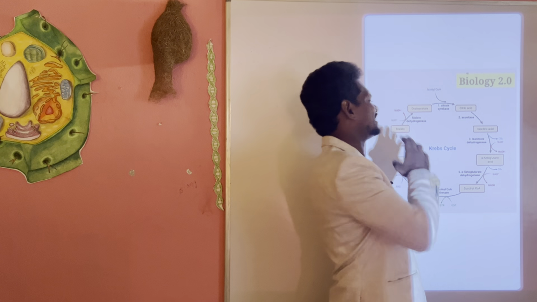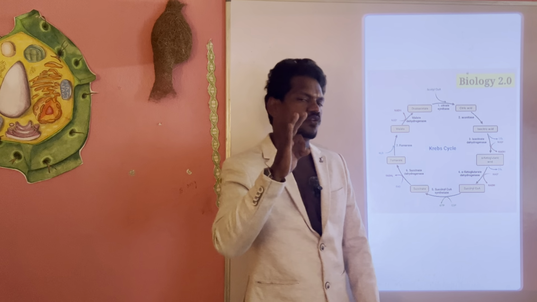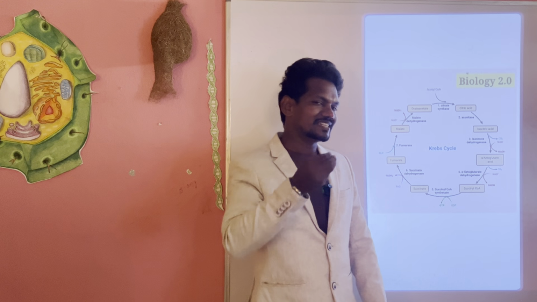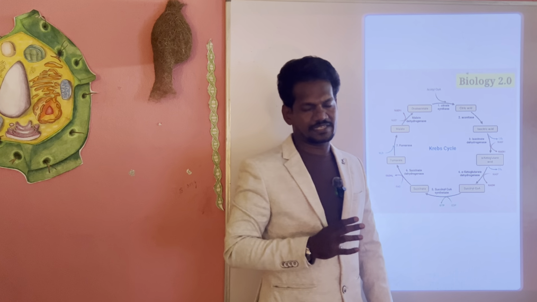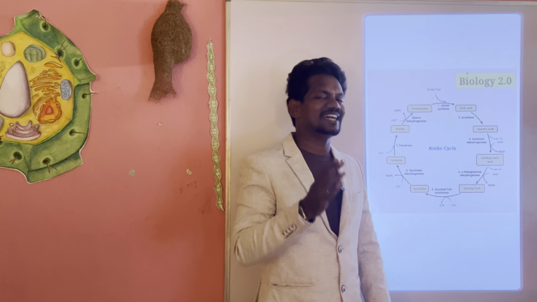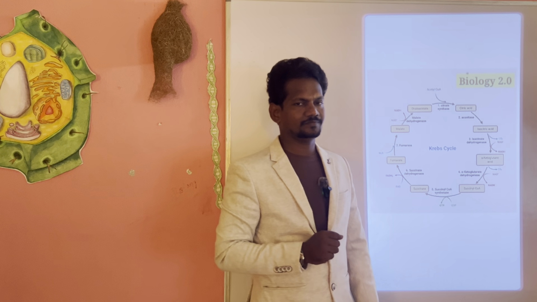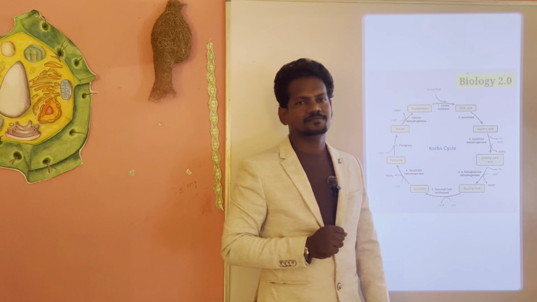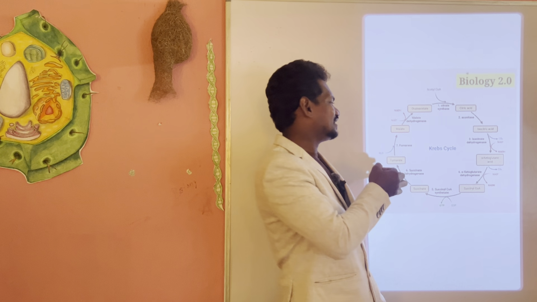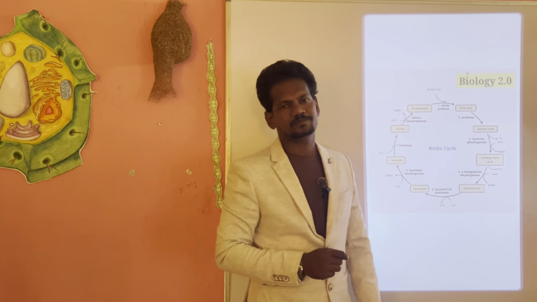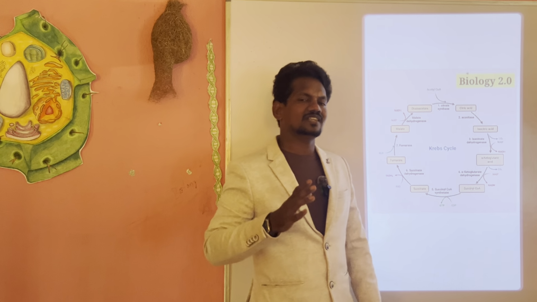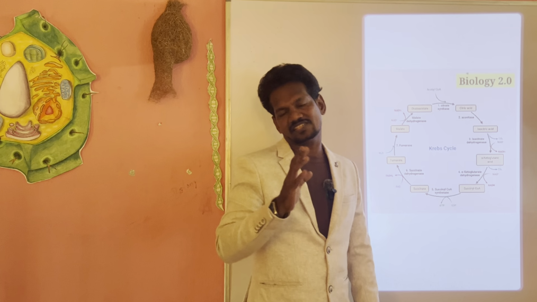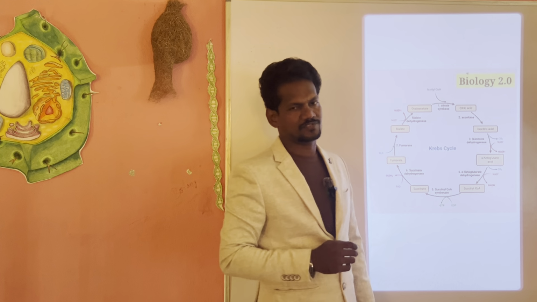This citric acid contains three carboxyl groups, because the Krebs cycle is also known as the TCA cycle, the tricarboxylic acid cycle. Krebs cycle, Hans Krebs cycle, citric acid cycle, or tricarboxylic acid cycle. These are the different names.